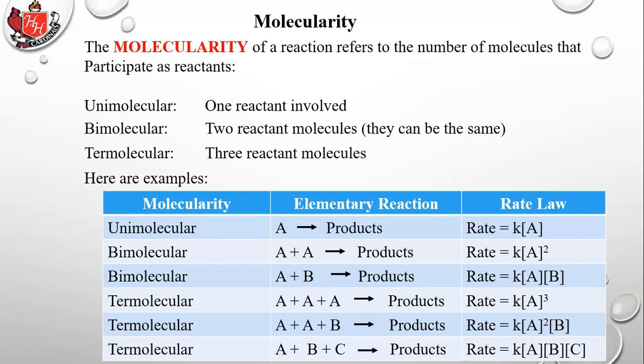A plus B, rate equals K, concentration A, concentration B. A plus A plus A can be represented as 3A, so that's rate equals K, A to the third power. 2A plus B is going to be A squared B, because 2A will produce an exponent of 2. So K, A squared B, and A plus B plus C is going to be rate equals K, A times B times C.